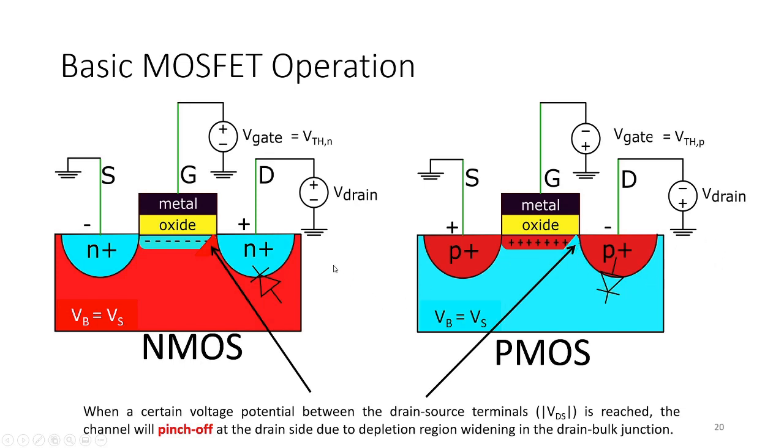So at a certain value of VDS, the drain source voltage, the channel will pinch off at the drain side, because instead of having electrons here, this will become a depletion region. And also, instead of having holes here, this will become a depletion region. So there will come a time when the channel will pinch off.